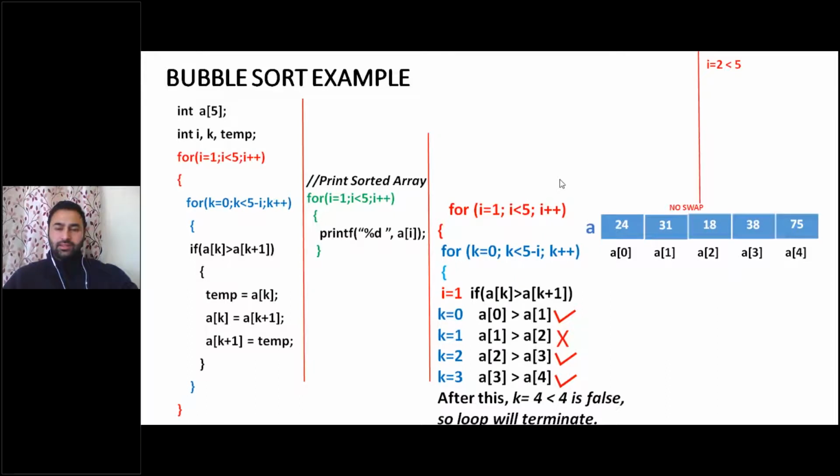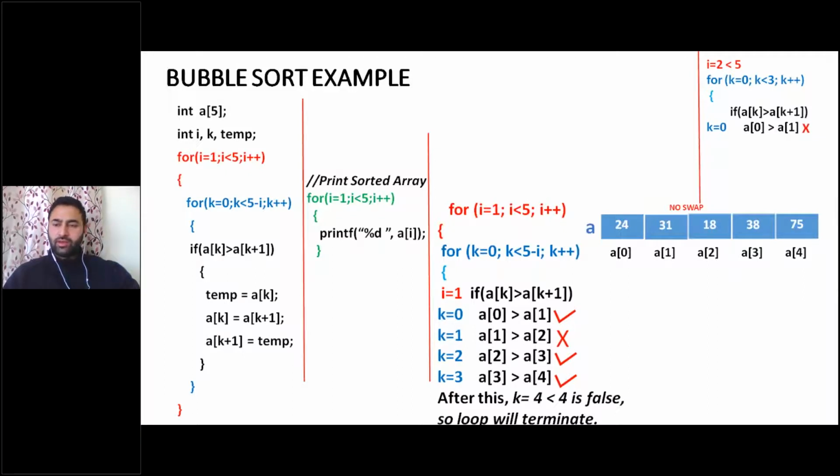During the second pass, i equal to 2 is less than 5. Now you can understand what will go on in the second pass. There will be only 3 comparisons.